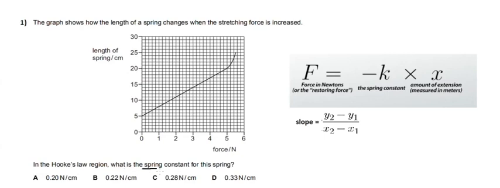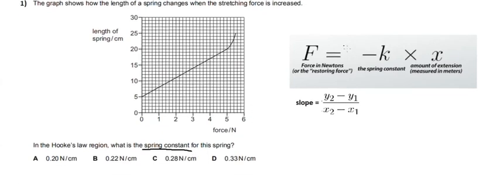So we want to find out what the spring constant is. Here I have attached the formula of Hooke's law. We have learned Hooke's law: what happens when we attach a mass to the spring at the bottom? The spring will extend, and the force that we are attaching at the bottom is directly proportional to the extension.